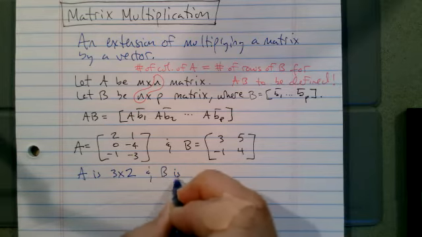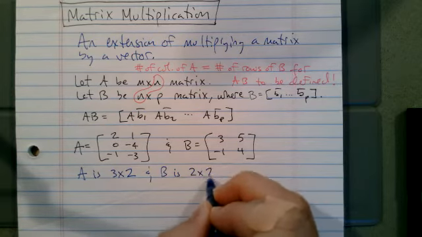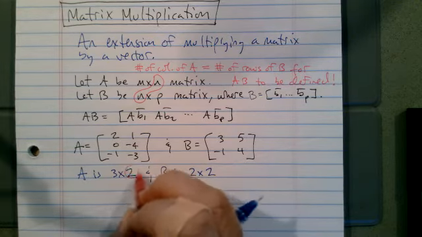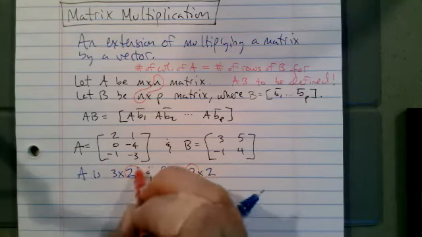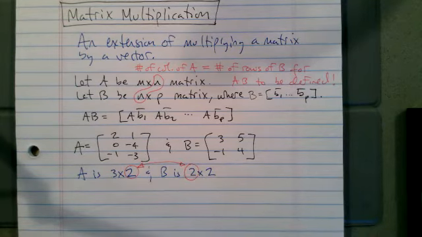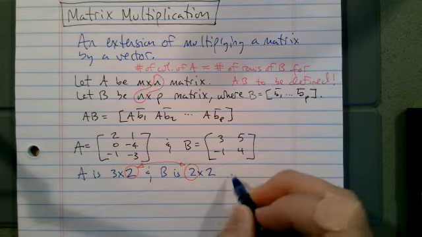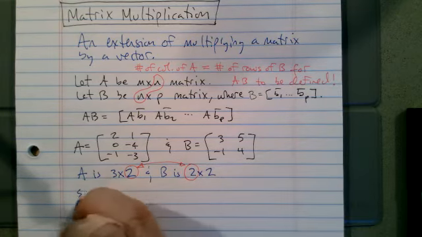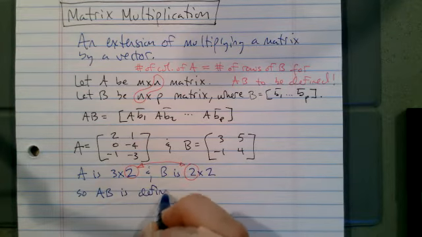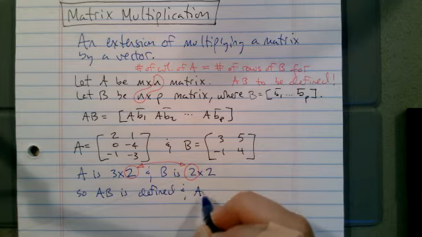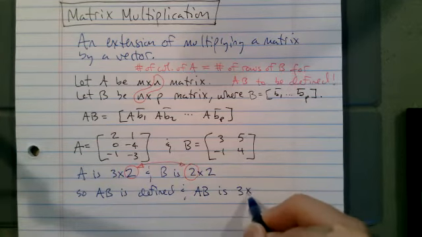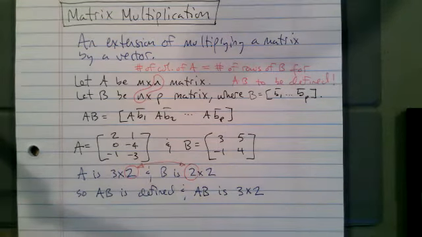Since the number of columns of A is equal to the number of rows of B, AB is defined and AB will be 3 by 2. That'll just be the things on the outside.